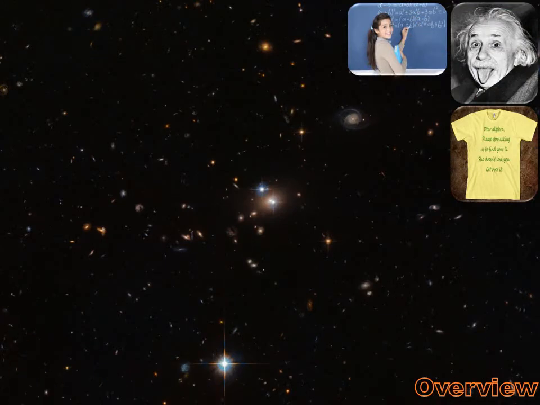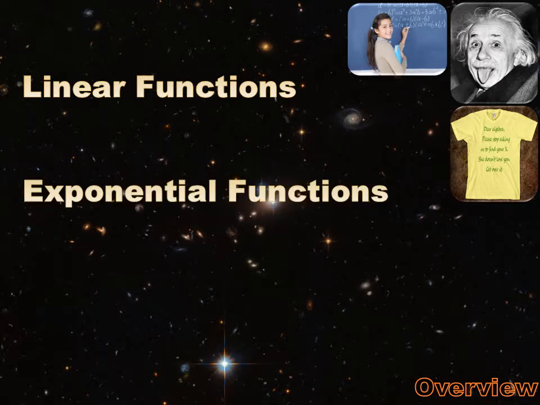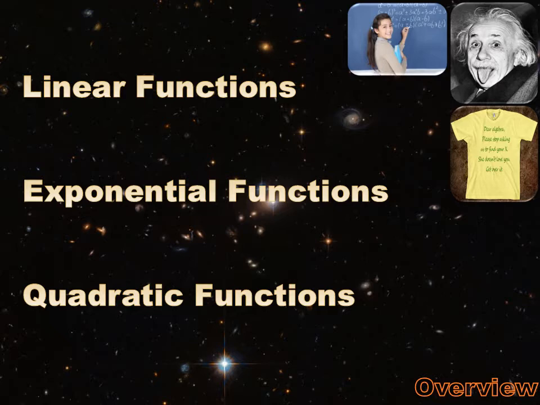In this lesson, we're going to review linear functions, exponential functions, and quadratic functions. And we're going to compare and graph them. Now, a linear function is a function that could be written in this form: y equals mx plus b, where m is the slope, or the rate of change, and b is the y-intercept.